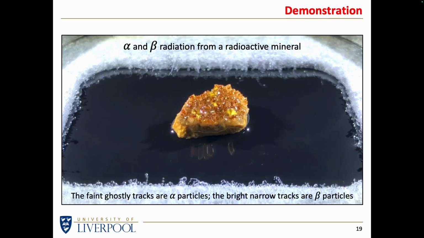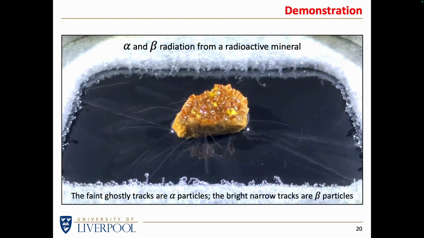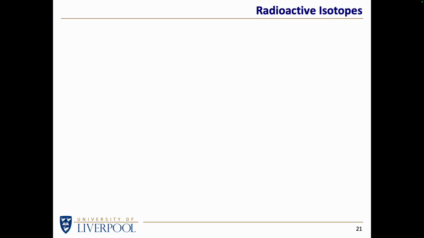So again, the ghostly tracks are alpha particles, the bright narrow tracks are beta particles. That's true for a sample which is radioactive. It's also true for cosmic rays. If we see a very narrow track, that's probably a beta. If we see a very broad ghostly track, it's probably an alpha. So as before, I took all of the individual tracks and put them all together so we can again see the difference between the two.